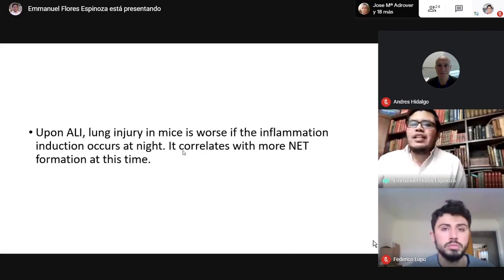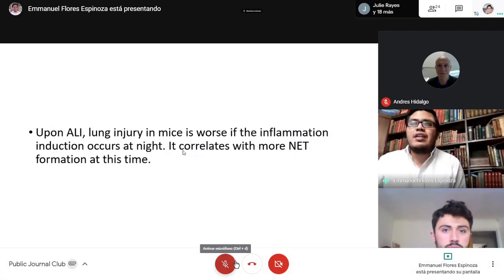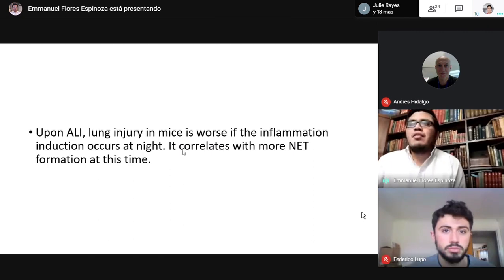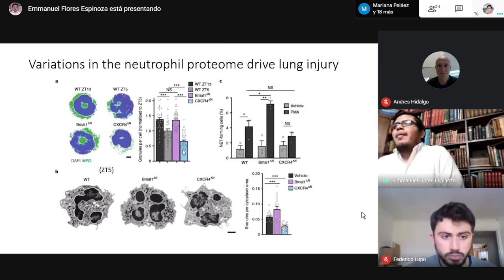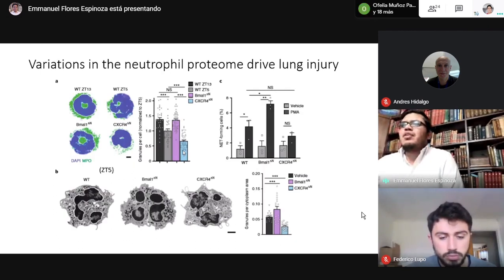So we can see that the effects viewed in the proteome and degranulation, NET formation, have a direct impact on the tissue injury that this neutrophil can cause. So they want to know more.